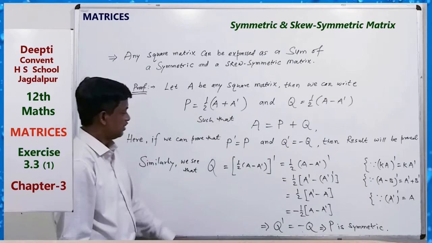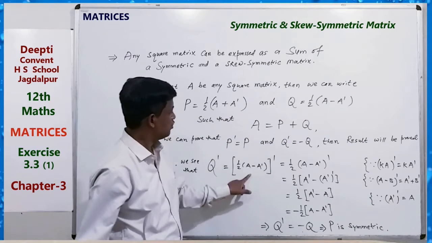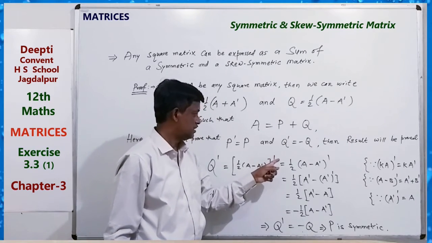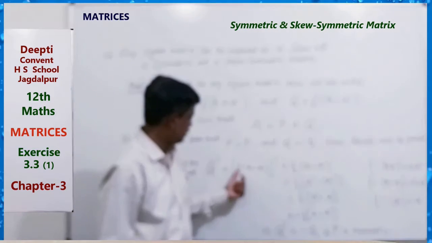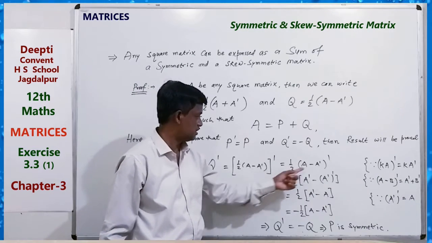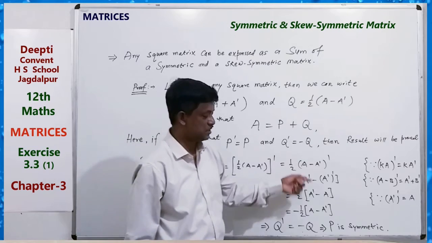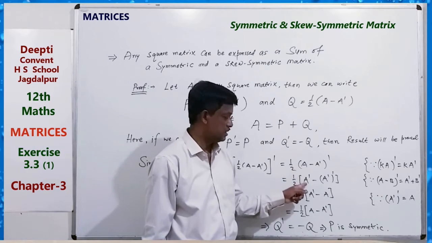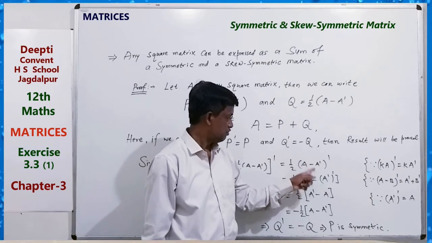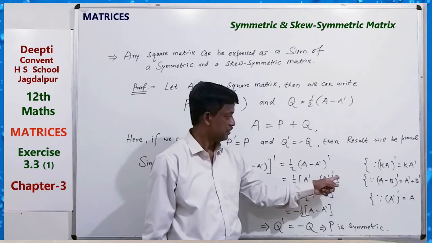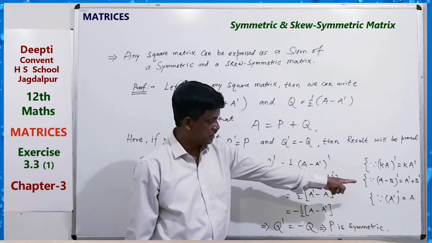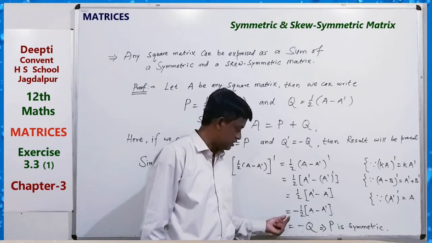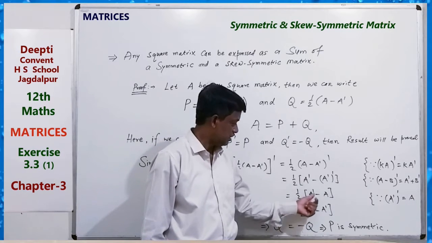Q dash equals half constant outside, A minus A dash, whole dash, and for minus we can use A dash minus A dash dash. Since A dash dash equals A, just take the minus outside, then we get A minus A dash.